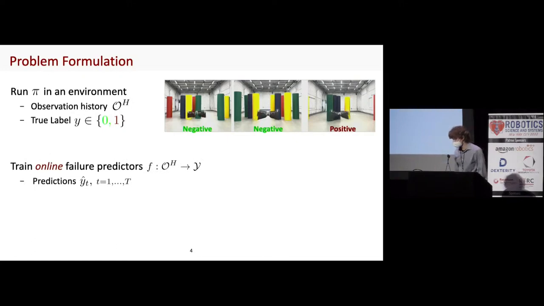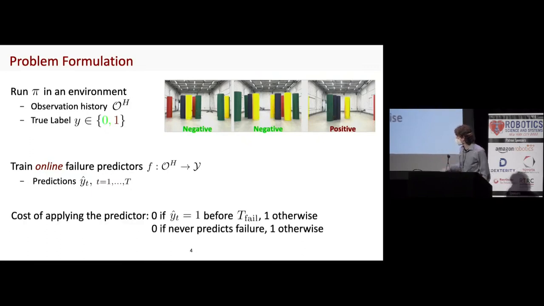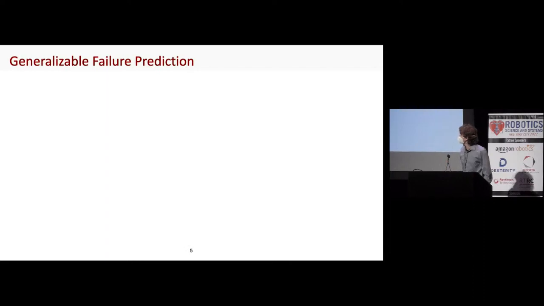The cost is structured as follows to act over the course of the entire trajectory. If the trajectory is truly a failure, it must predict failure before the failure occurs. And if it's a success, it must never predict failure. In each case, there's a cost of 1 otherwise. So this setup allows us to run online while having a cost over the whole trajectory.